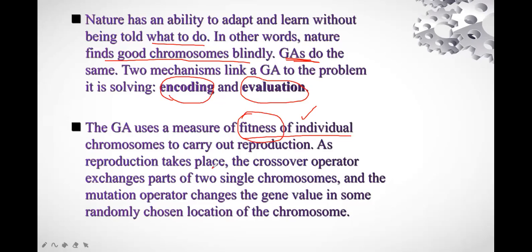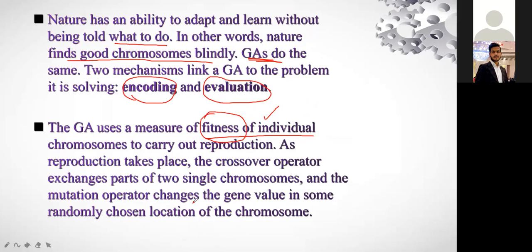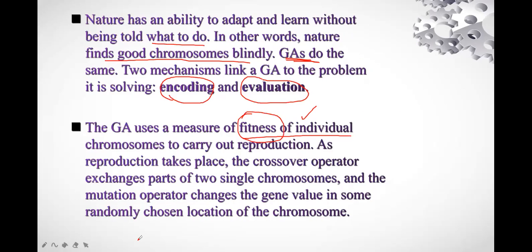As reproduction takes place, the crossover operator exchanges parts of two single chromosomes, and the mutation operator changes the gene value in some randomly chosen location of the chromosome. That means we are going to use certain operators in reproduction in the genetic algorithm.